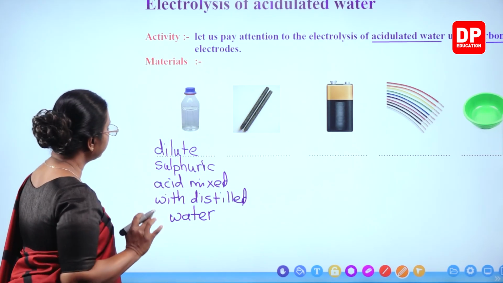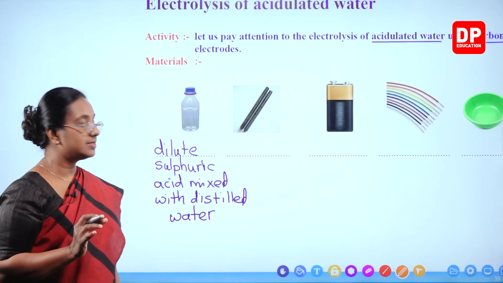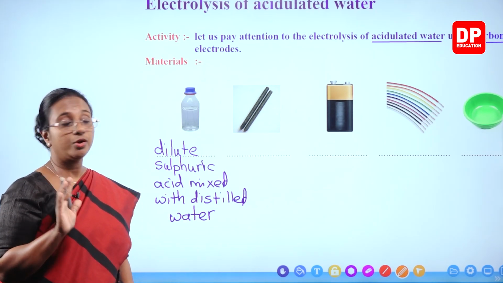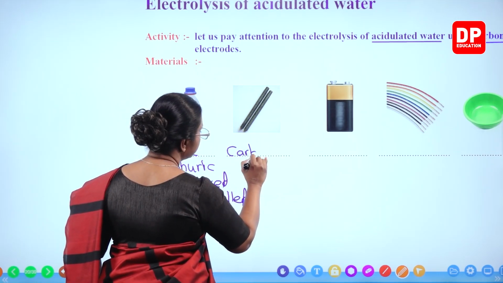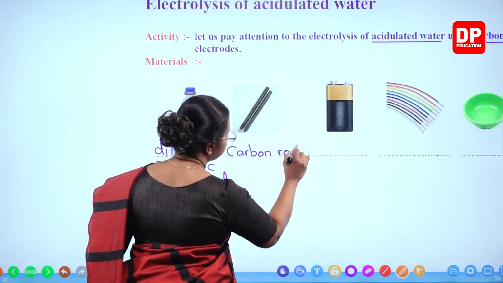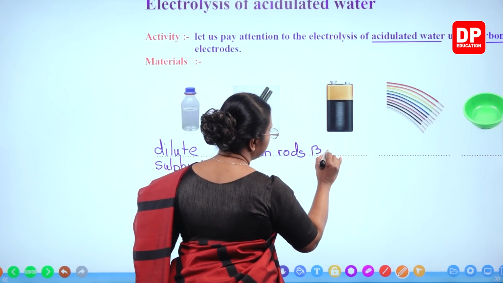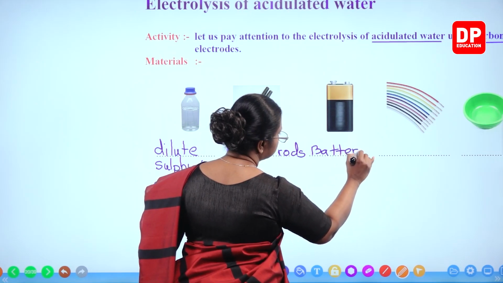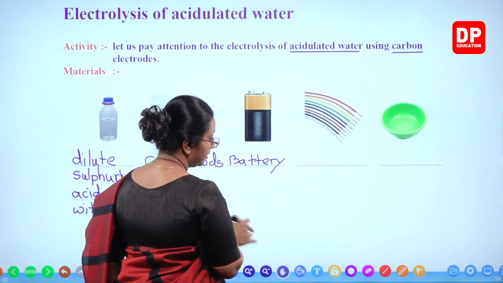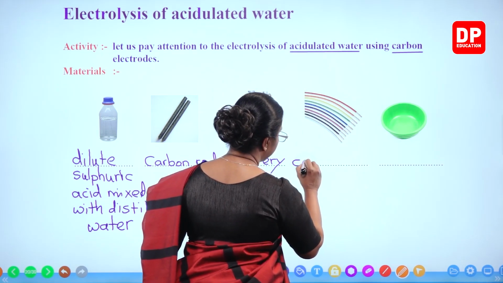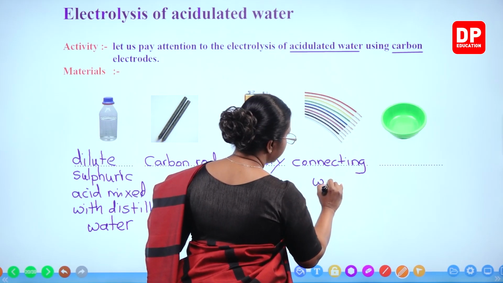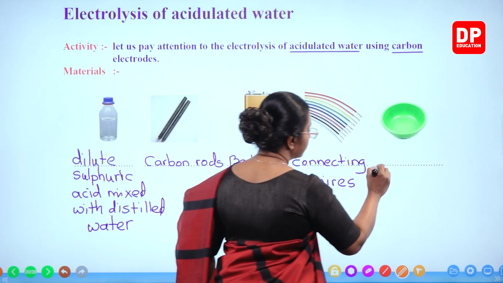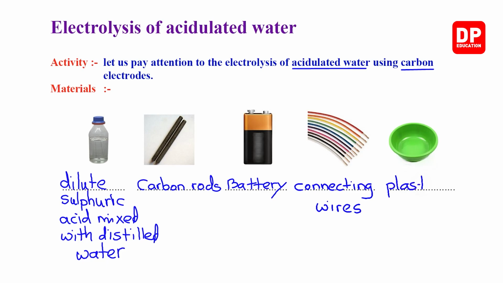So a small amount of dilute sulfuric acid mixed with distilled water to get the acidulated water or acidified water. Then we have carbon rods or carbon electrodes. Then we have a battery. Then you can see we have connecting wires. And also we need a plastic cup here.